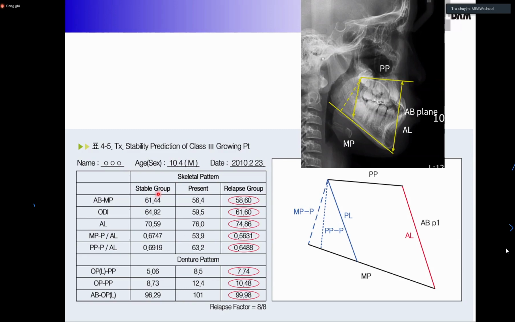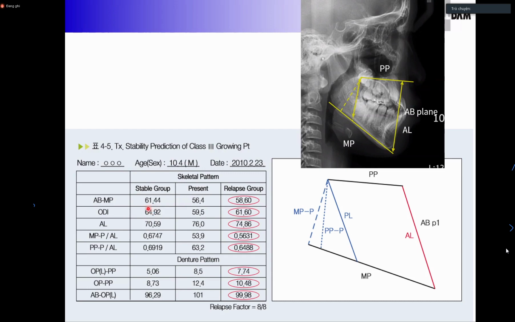So at that time, we wanted to discriminate between the stable group and the relapse group. The AB to mandibular plane greater than 61 is the stable group.